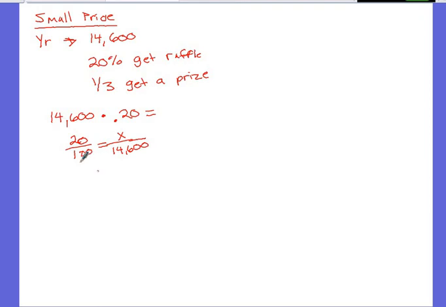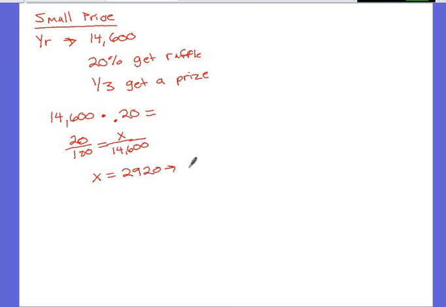When I cross multiply and divide by 100, I get 2,920. That's 20%. Okay, 20% get raffle tickets. So this amount of people get raffle tickets. Then 1/3 of this number get a prize. So I need to find 1/3 of something. So again, I'm going to multiply.